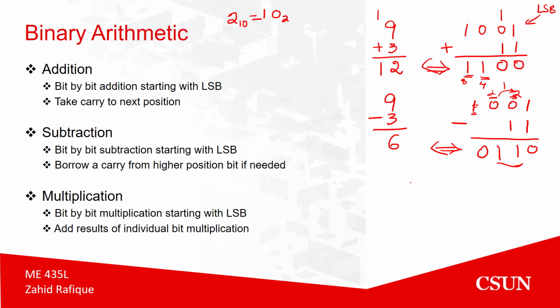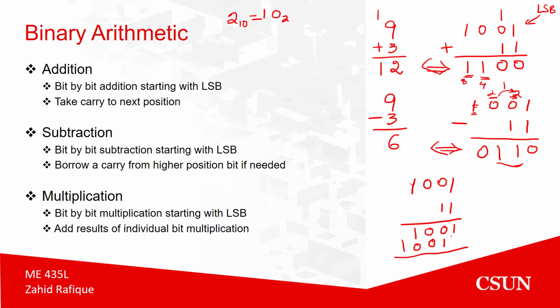So if I start with these two numbers again, so 1001 multiplied by 1, so 1 times 1 gives me 1, 1 times 0 gives me 0, 1 times 0 gives me 0, 1 times 1 gives me a 1. And then on the next line I move left, just like we would do in a decimal multiplication. So 1 times 1 gives me a 1, 0, 0, 1.